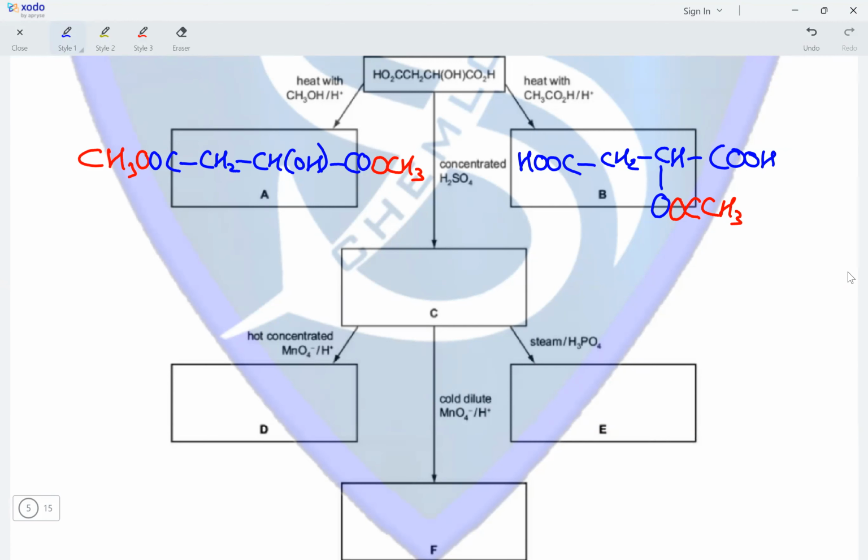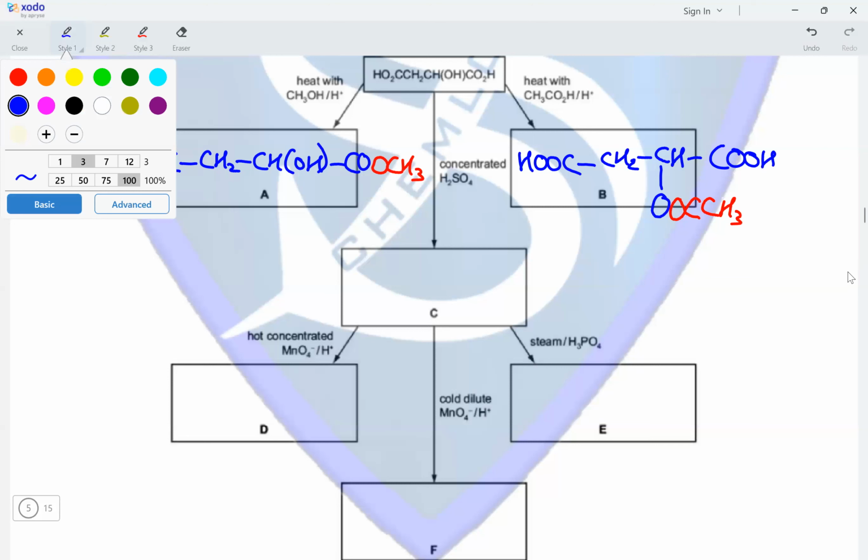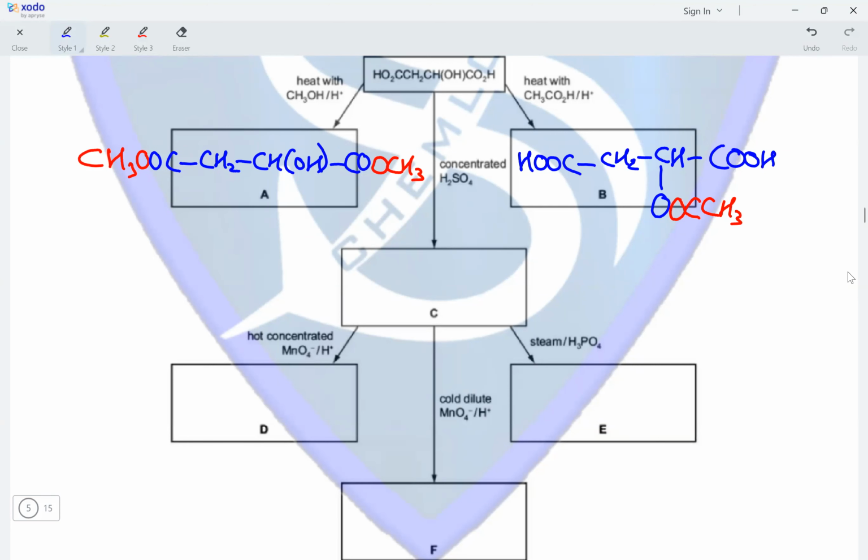So the OH group and the hydrogen from the two adjacent carbon atoms would be removed, resulting in the formation of an alkene. So we would have HOOC, then CH double bonded to CH, and then another COOH group, and this alkene is compound C.